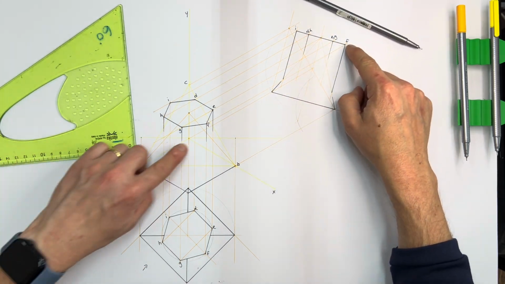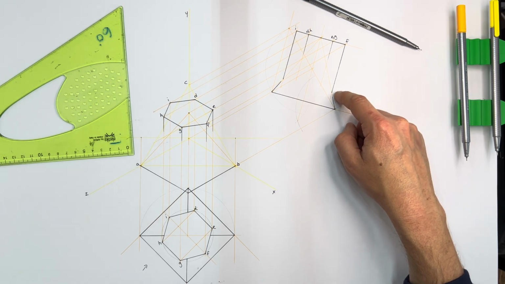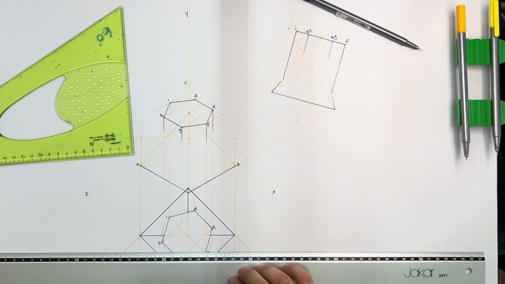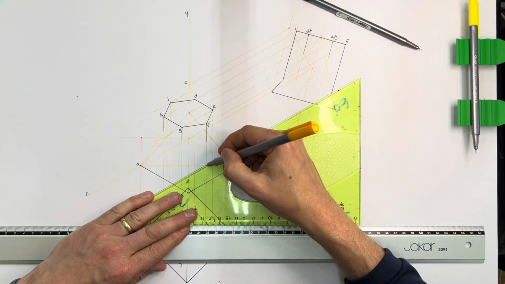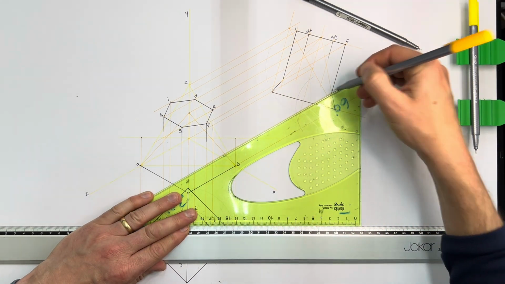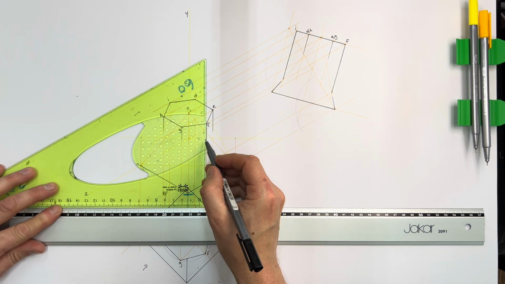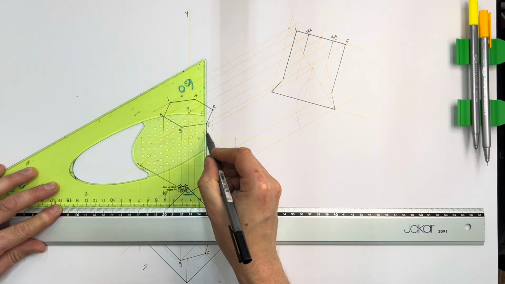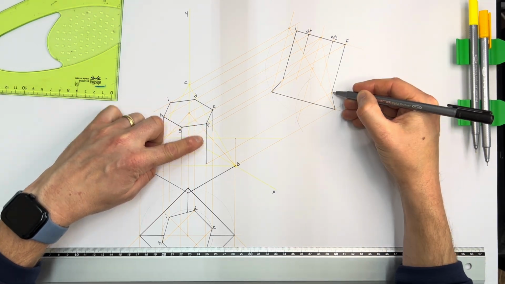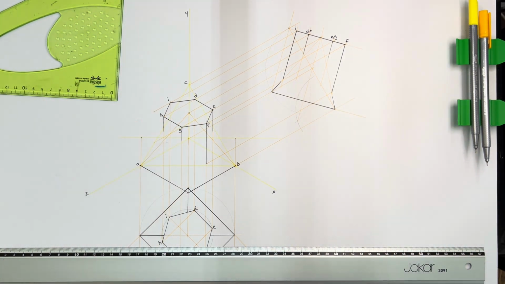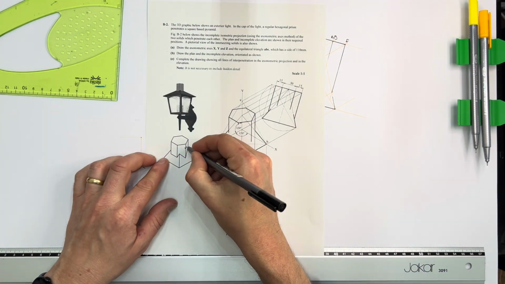So therefore, out of all of the lines coming down from the prism, F is the only one that I have an end point that I can use, that I'll see the whole line of. So that's the end point of it there. So I'm going to extend it down to the F line in my pictorial view. And that's the first full line that I can harden in, because we had a start point and we had an end point. And again, keep referring back to this drawing here. So now that line is complete.